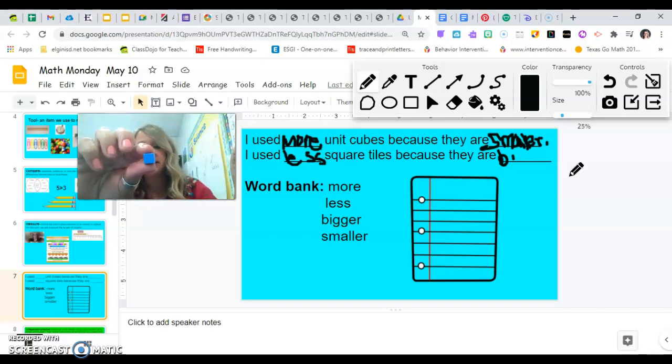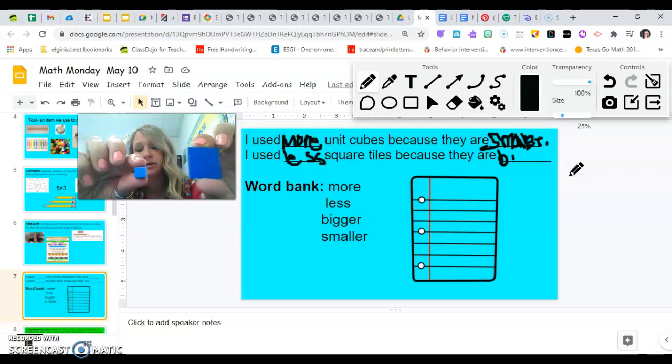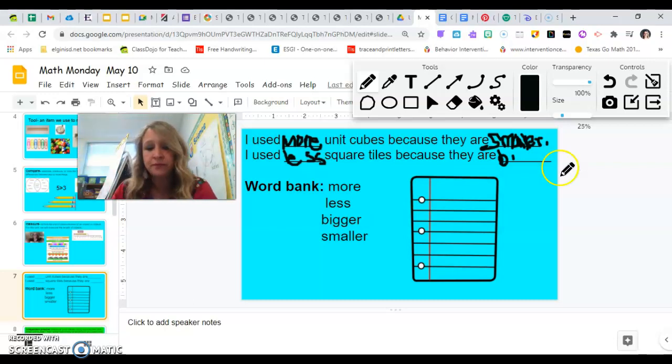I used less of these because they are bigger. Okay, so let's read this sentence. I used less square tiles because they are bigger.